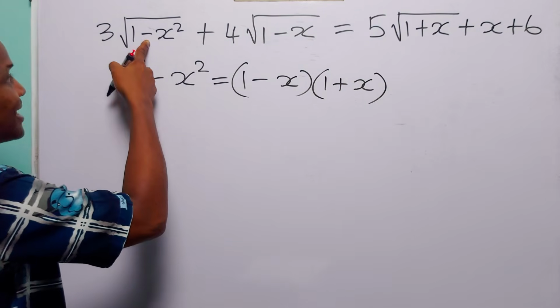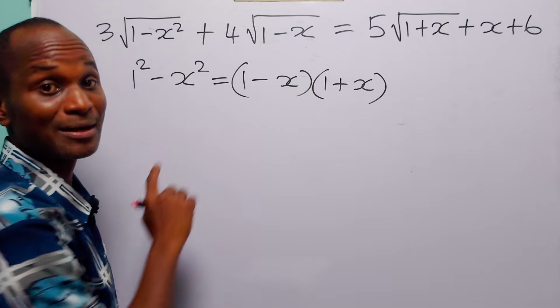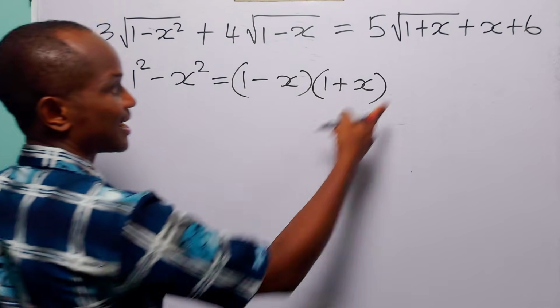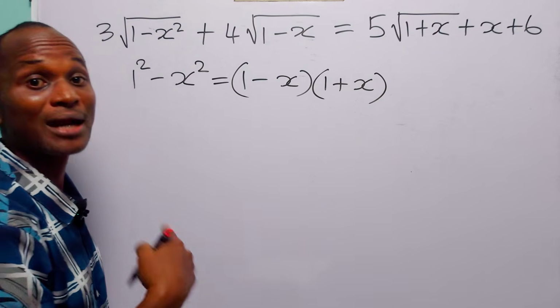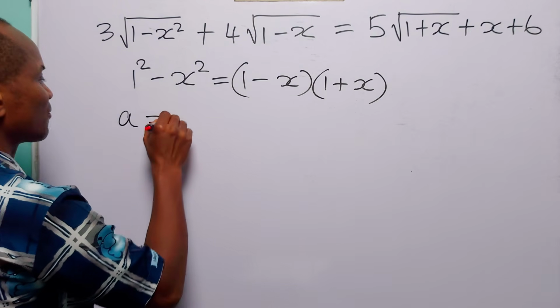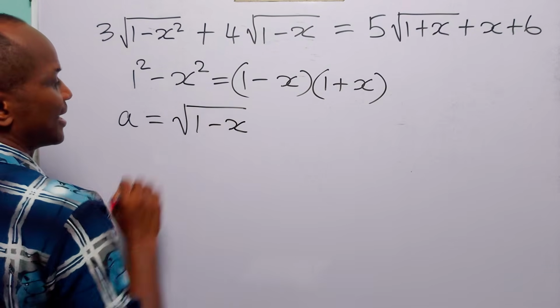That means that under this square root sign, we have the product of 1 minus x and 1 plus x. Under this square root sign, we have 1 minus x, and under this square root sign, we have 1 plus x. So, let a be equal to the square root of 1 minus x.